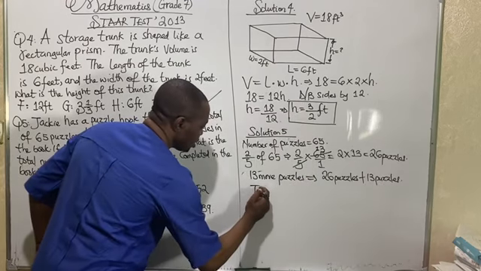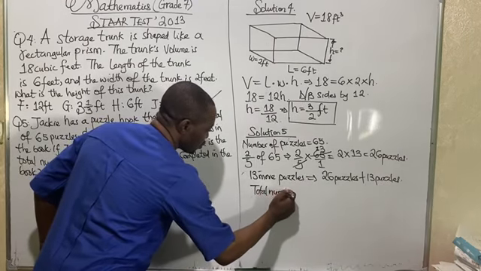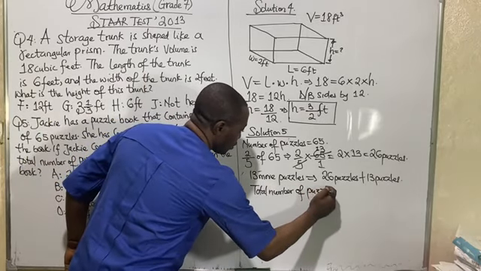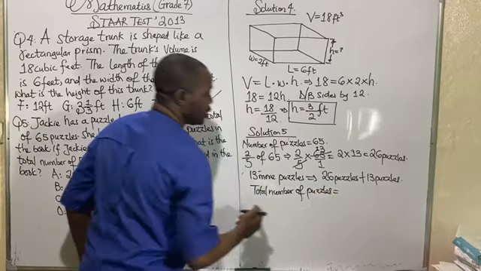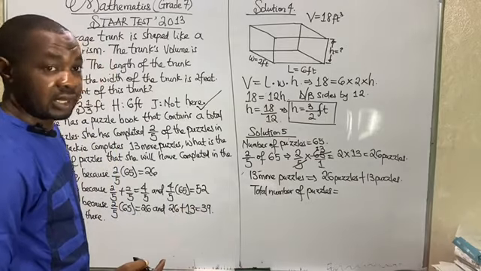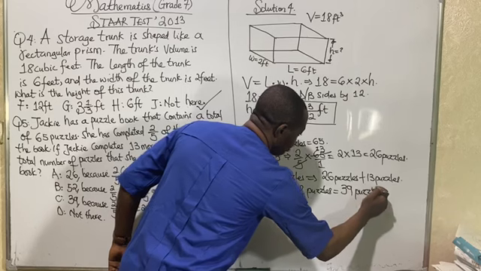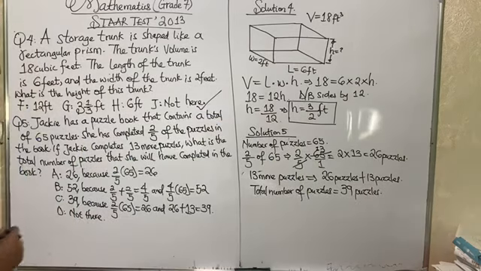So the total number of puzzles she will have completed will be 26 plus 13, and that will be 39. That will be 39 puzzles. So now let's check the options we have here.